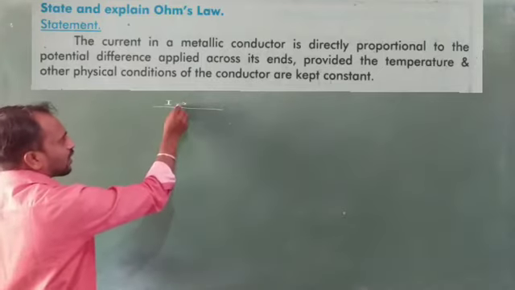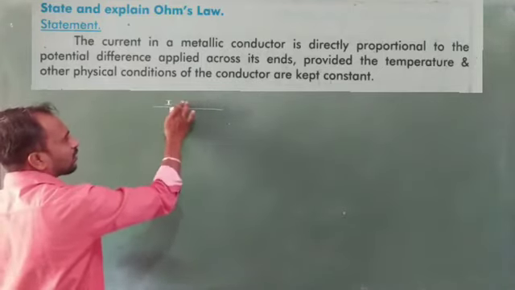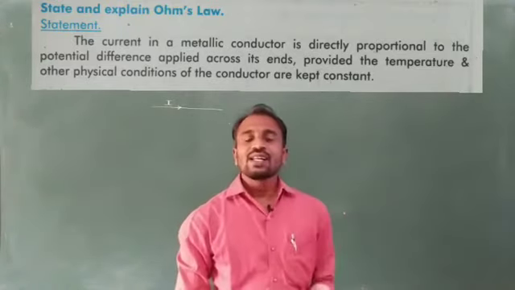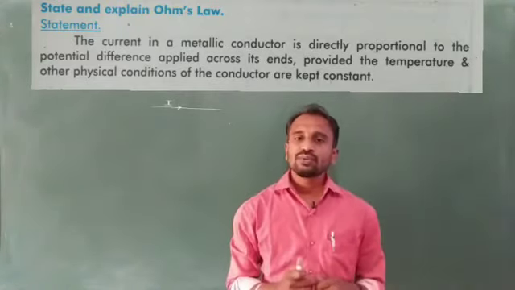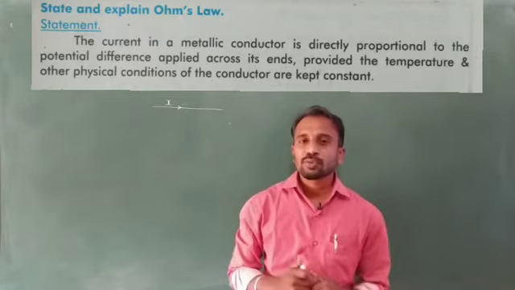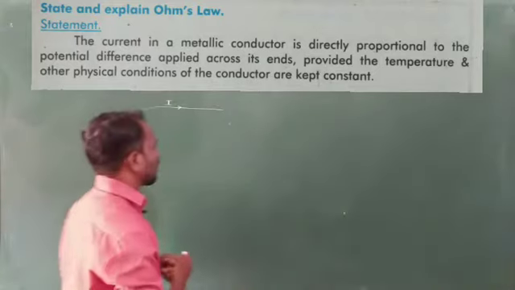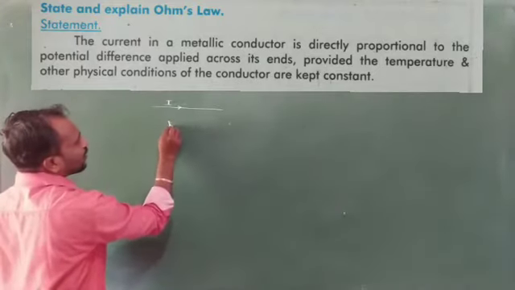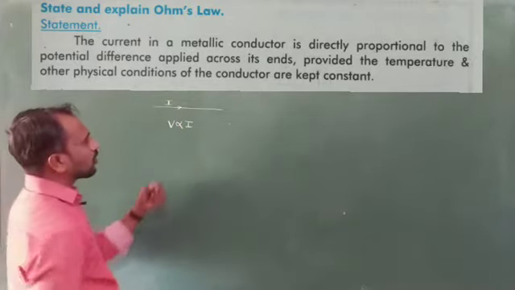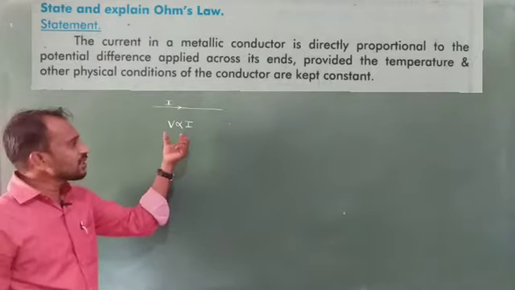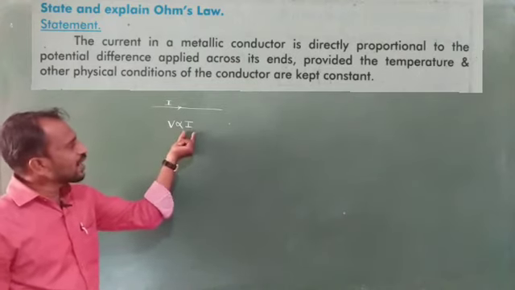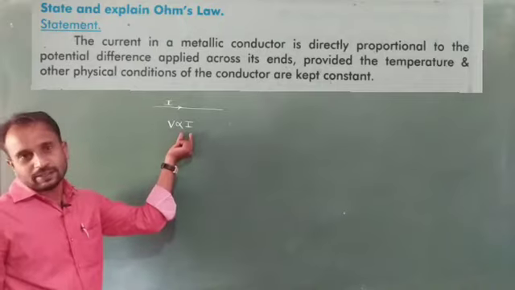When electricity flows through a conductor, the electric current is directly proportional to the potential difference. Otherwise, the potential difference is directly proportional to the electric current.